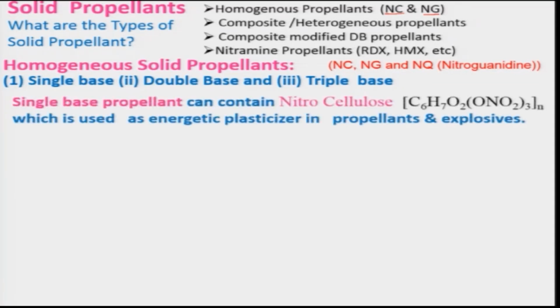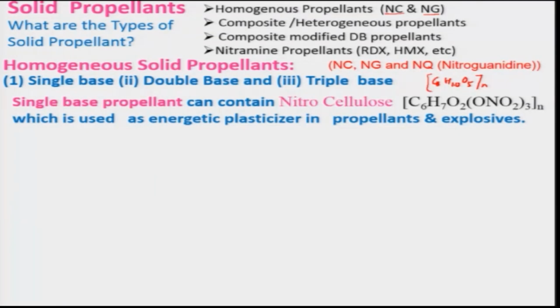If you look at the single base propellant, as I told earlier, it can contain nitrocellulose. The formula is given here, and we know that cellulose is basically C6H10O5 to the power n, containing carbon, hydrogen and oxygen together.